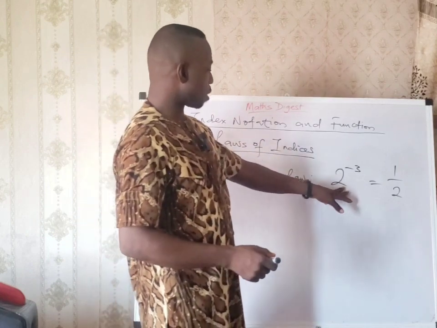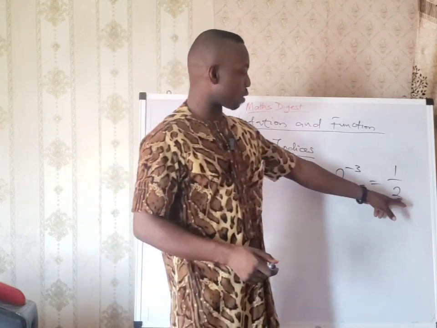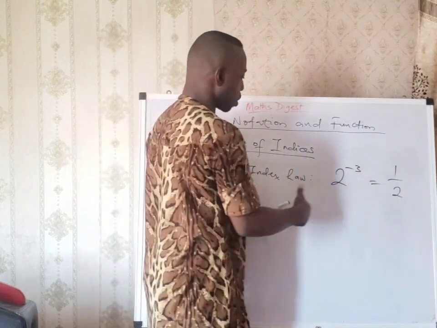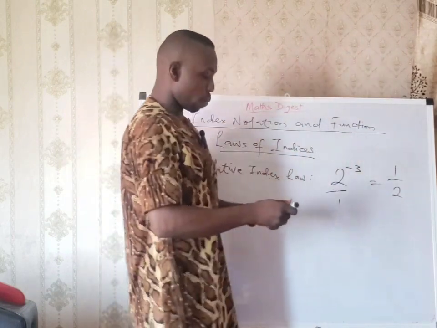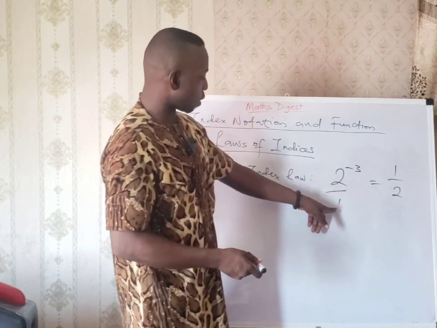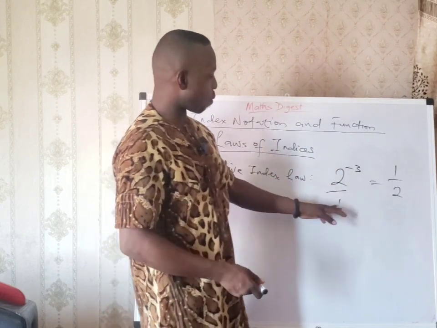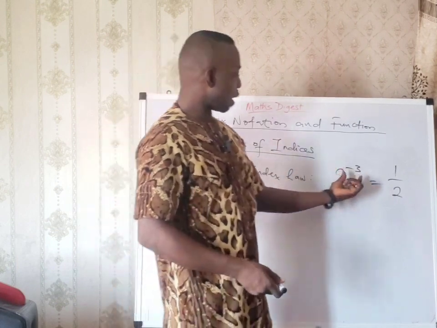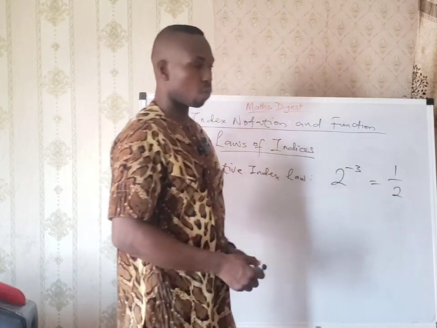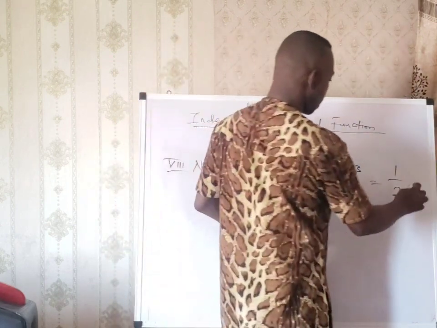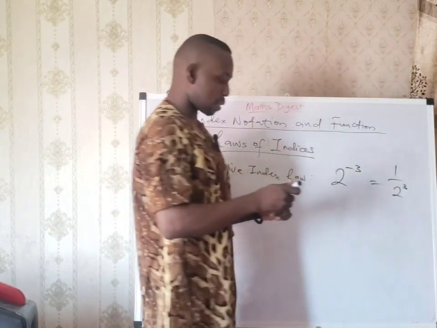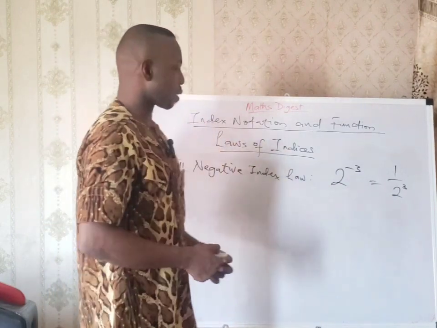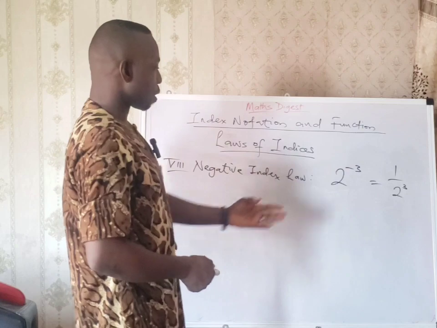Taking the reciprocal of this number means turning it upside down, because this 2 is just like saying 2 over 1. Now, when you turn this 2 over 1 upside down, you have 1 over 2. So this index we now change to a positive index added to that same number, the same base. Now this is what it actually means.